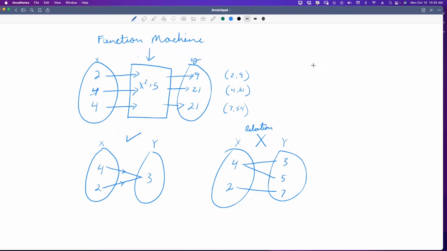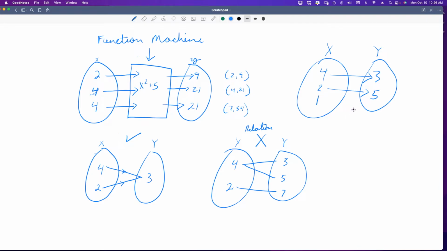Now, in order to have a relation, all the numbers must be related, all the x's must be related to a y. They have to be paired up. They have to be relative to another number. So when you have, let's say 4, 2, and 1 as your x values, and you only have 2 y values here, this one goes with this one goes with this one, and this one has no body, this is not a relation.